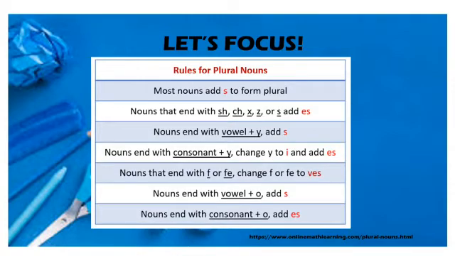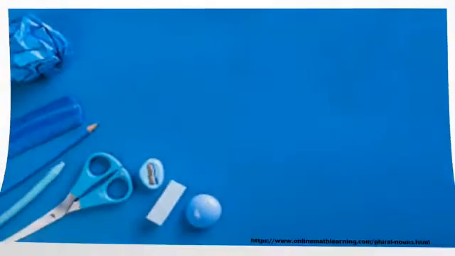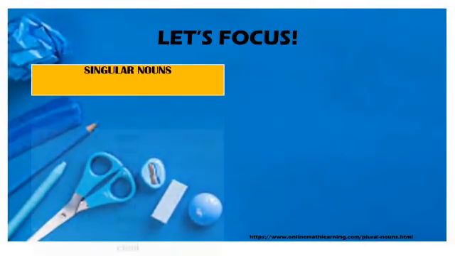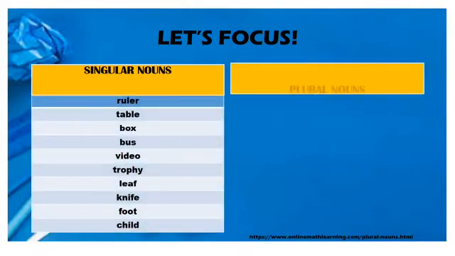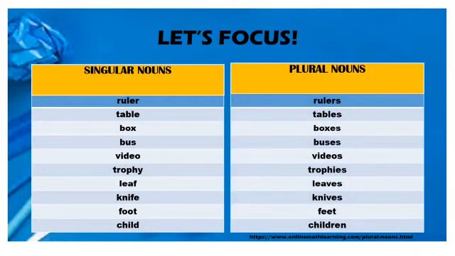Well, next, after you focus on several patterns, here are examples of how to form a plural noun from a singular noun. For example, ruler changes into rulers. Table becomes tables. Box we change into boxes. Bus into buses.